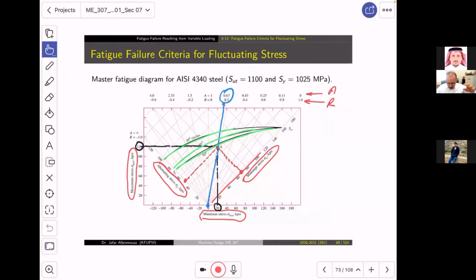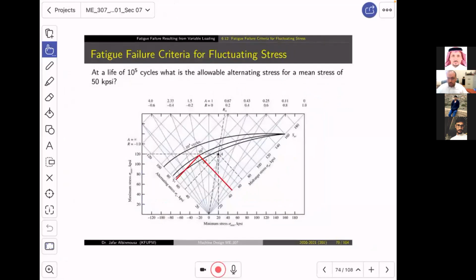So last class we stopped at the master diagram, and I'm going to go to the next one. We have multiple examples for the master diagram, but I'm going to discuss only one. It is amazing, this master diagram.